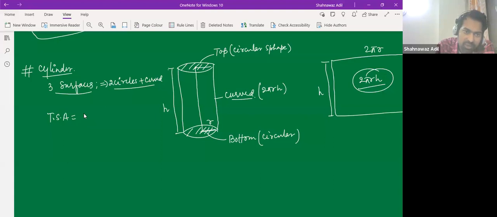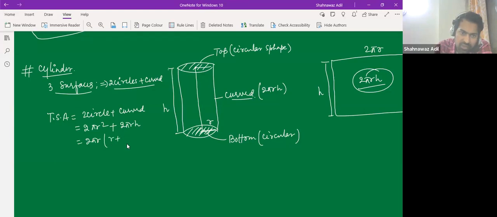That would be two circles plus the curved one. So two circles is 2 times pi r square, that is the area, right? And then the curved one is 2 pi r h. So 2 pi r is common, and it is r plus h. That is the total surface area, right? Right, guys?